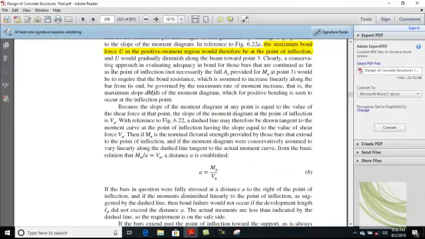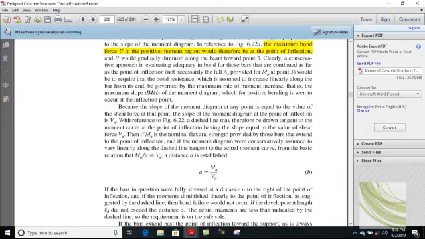Clearly, a conservative approach in evaluating adequacy of bond for those bars that are continued as far as the point of inflection, not necessarily the full length as provided for Mu at point 3, would be to require that the bond resistance, which is assumed to increase linearly along the bar from its end, be governed by the maximum rate of moment increase, that is, the maximum slope dM/dx of the moment diagram, which for positive bending is seen to occur at the inflection point.